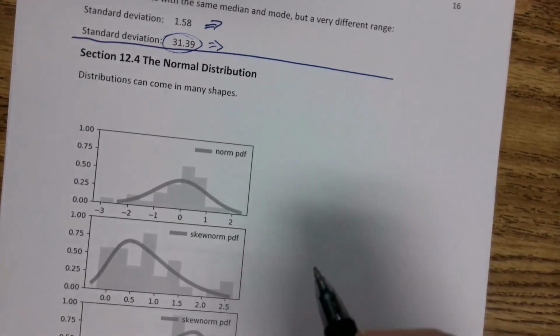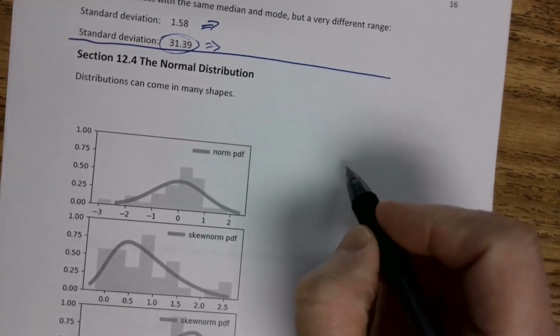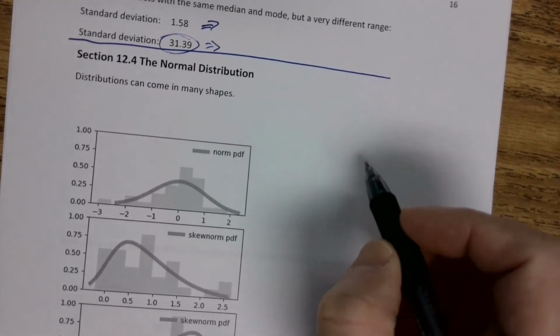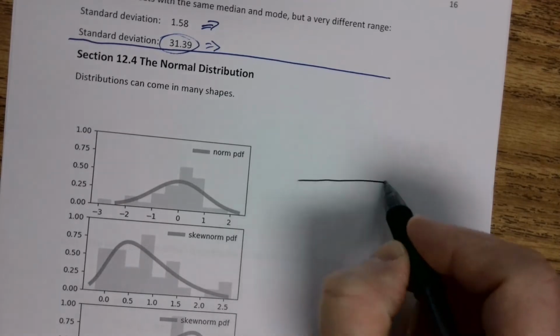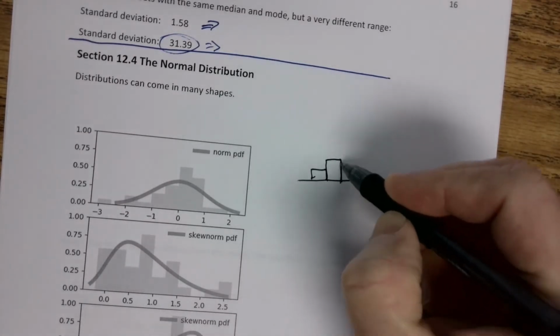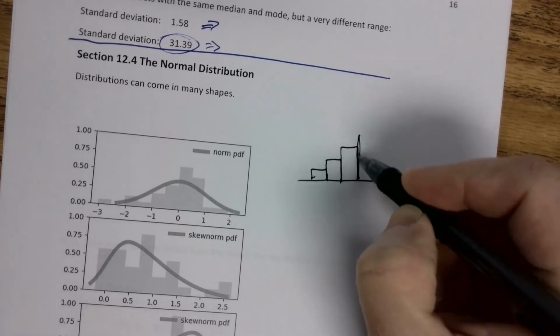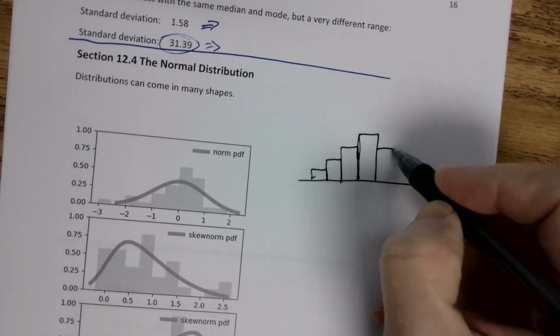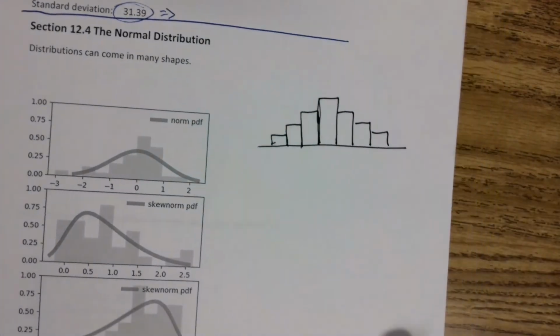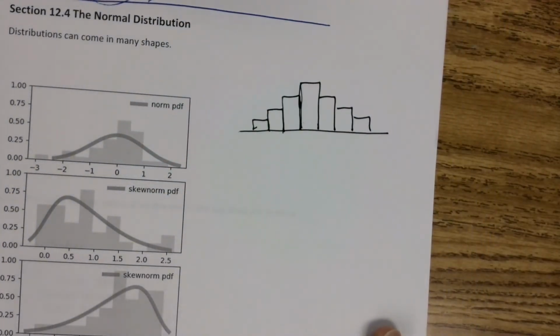All right. Anyway, there is one picture that is very, very nice, and it's when the histogram looks like that. And it doesn't have to be exactly that, okay?